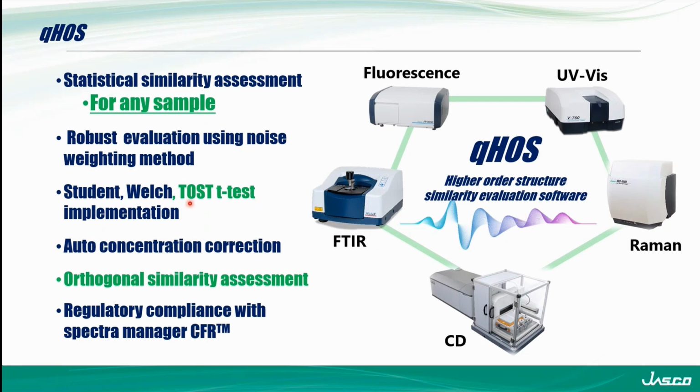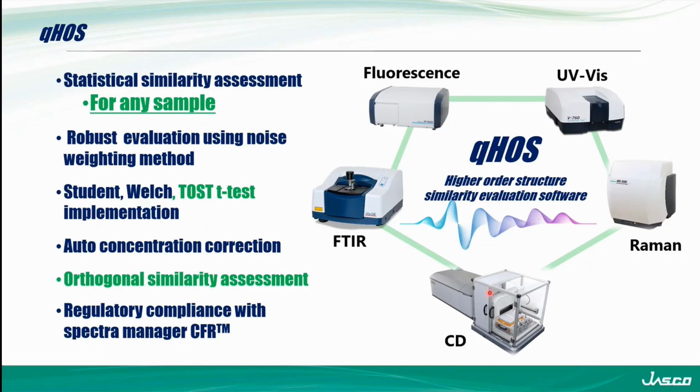I'd like to highlight again that this includes the TOST test, which is a real equivalency test, as opposed to the t-tests that are typically done, which just go about establishing whether two materials are different or not. And then, of course, there's the orthogonal similarity assessment.